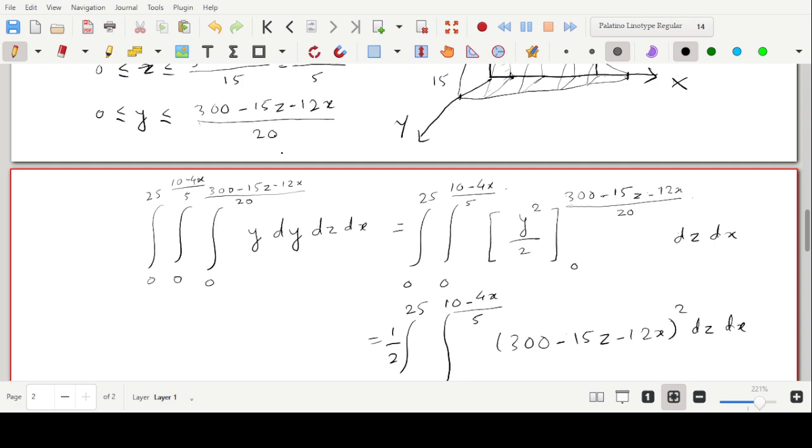But suppose that here we had x in this place, then y would have become a constant. You could have simply pushed it outside, and probably things would have become simpler. But in order for that to happen, we must change these limits of integration as well. So please try doing it.